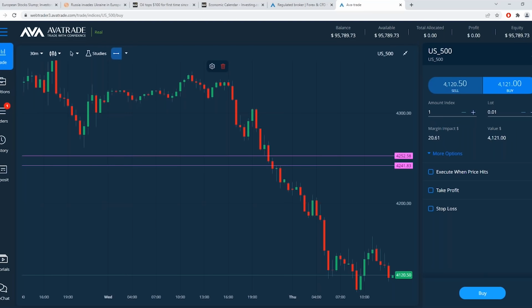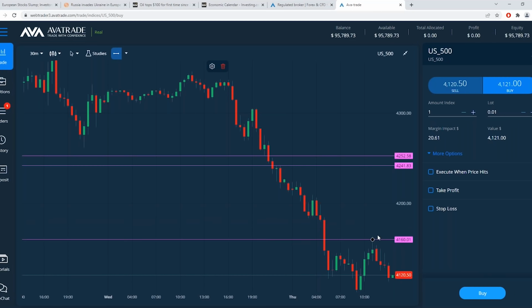If you're wanting to sell, let's say on the S&P 500, I'm not saying you should be wanting to sell. Maybe you want to buy right now and you expect to bounce back up, okay? But the fundamentals say there's a lot of bearish pressure on the equities right now, on the stocks and indices. So if you're going with the fundamentals and then trying to line your technical analysis up with that, couple things you can do.